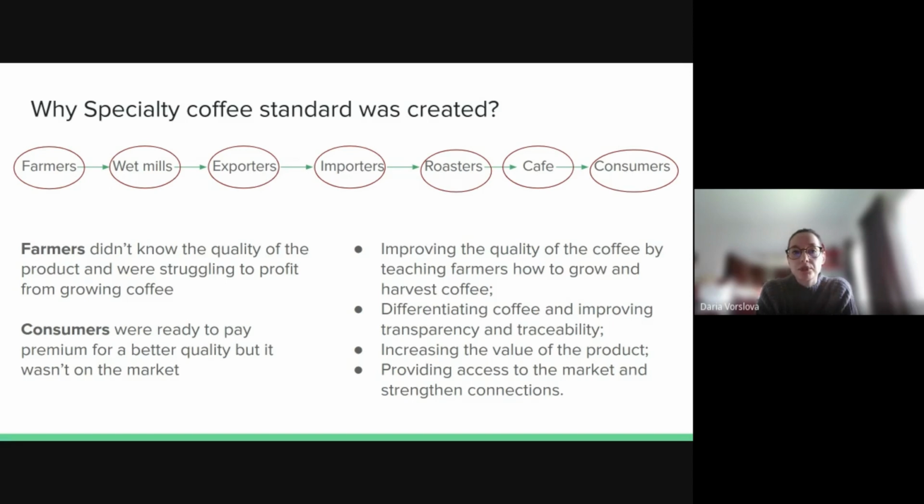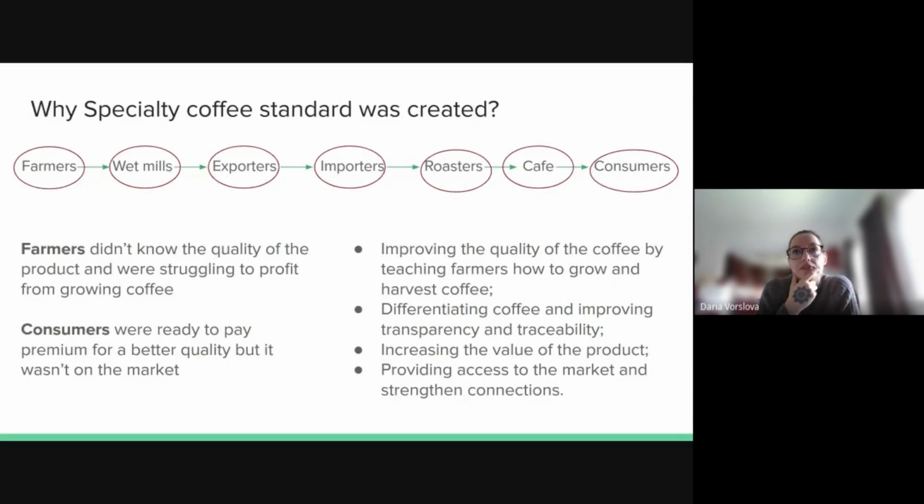We have exporters who prepare parchment coffee for export, handle export documentation, and sell coffee to coffee importers, importers selling coffee to coffee roasters who make roasted beans out of green beans. And I wrote here cafe, but of course it can be coffee shops, cafes, restaurants, hotels, consumers.